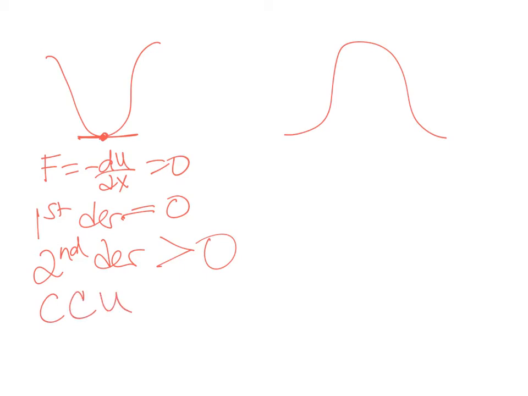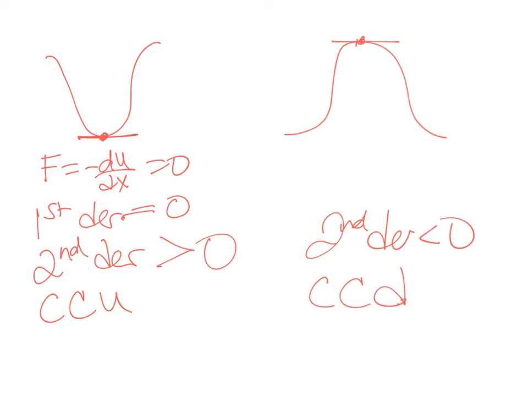Concave up. And so this guy, the second derivative is less than 0, and it's concave down, right? All right, so again, that was unstable, and that was stable. All right.